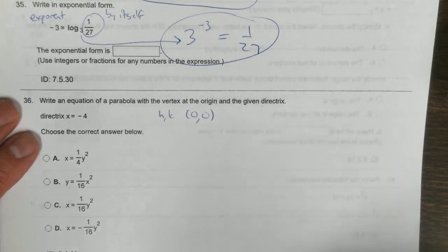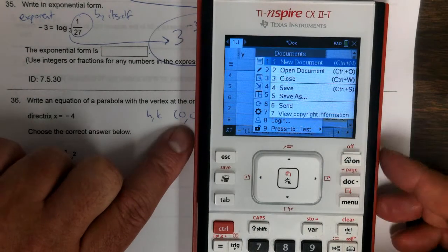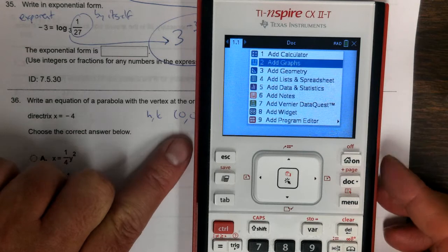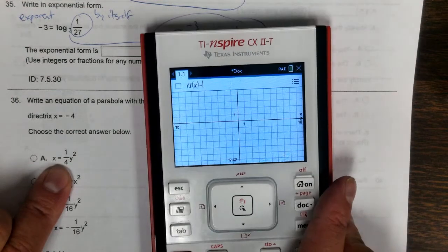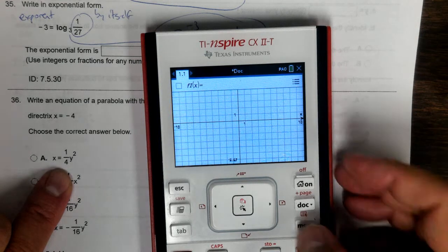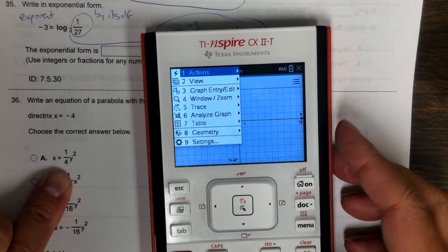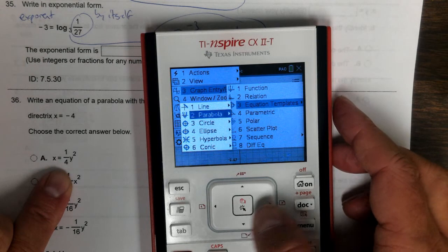So what we want to do is go to the graph, use your choices. Now for this, what we want to do is go to graph entry, to equation templates for a parabola.